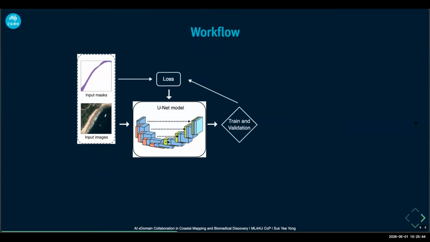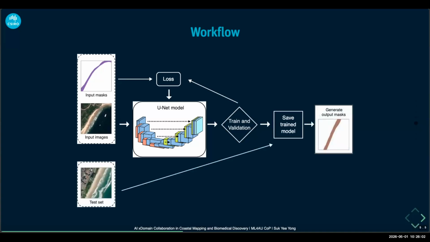Then you calculate the loss and feed it back into the UNet, and it's an iterative process for training and validation. Each iteration you save the best trained model. Once we have that, we use the test data set and apply the model to generate the output mask. So this is the rough outline of the pipeline.